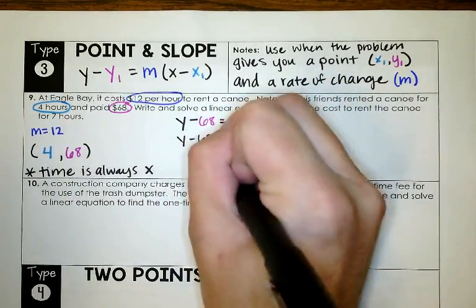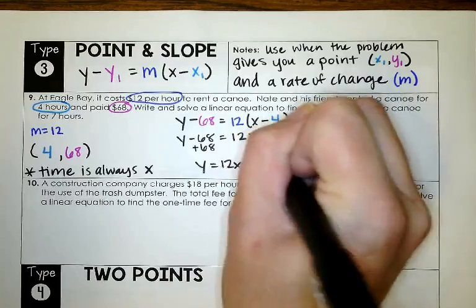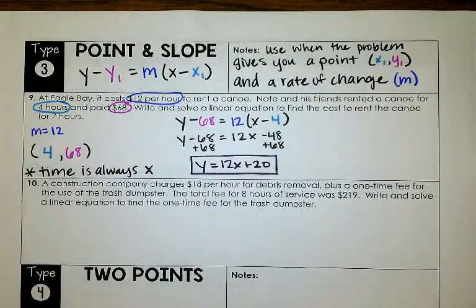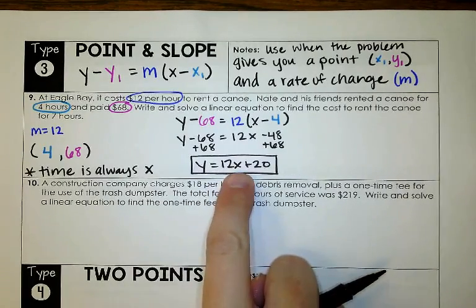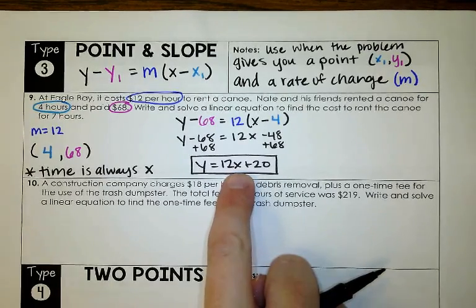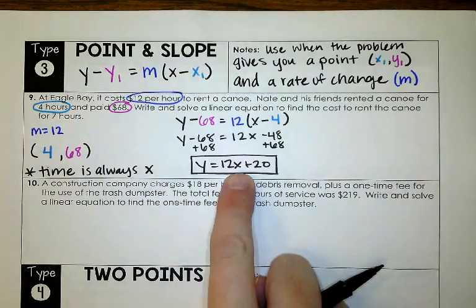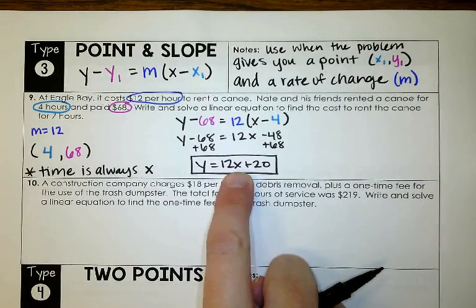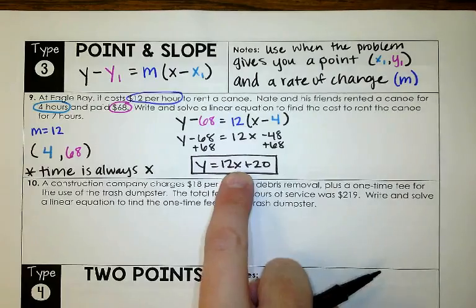Do you guys feel good about that equation? Awesome. So from this equation, can you tell me what is my y-intercept? 20 bucks. So just to rent the canoe, the deposit is $20, isn't it? And then they pay $12 an hour on top of that. So that $20 is our flat rate fee.